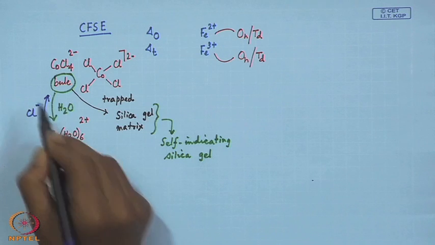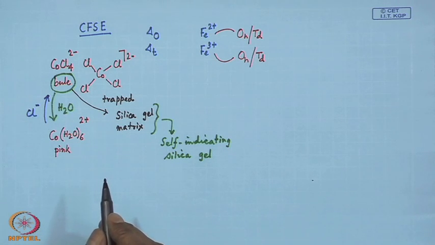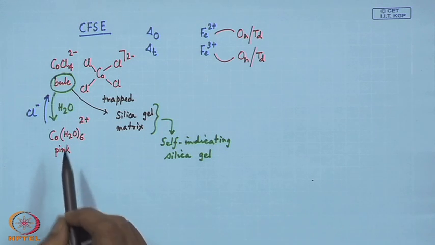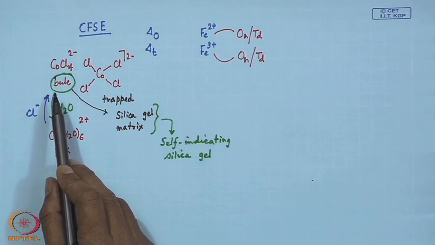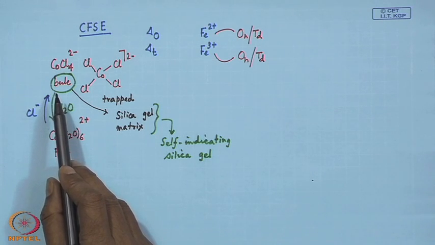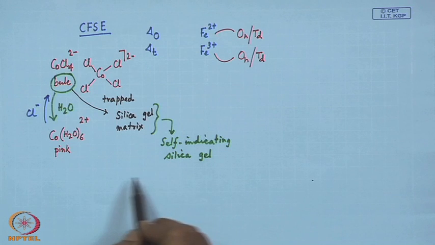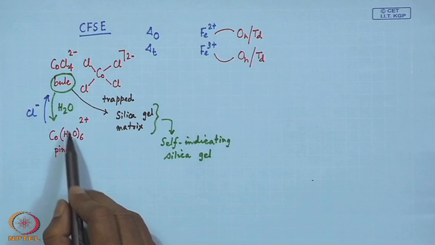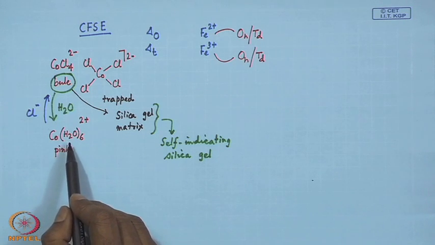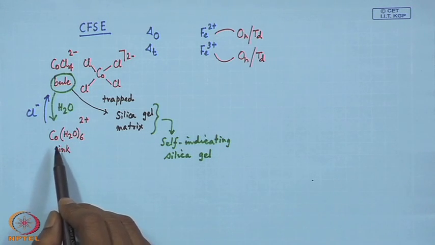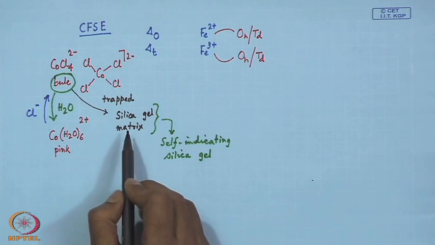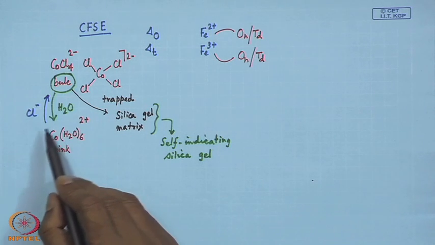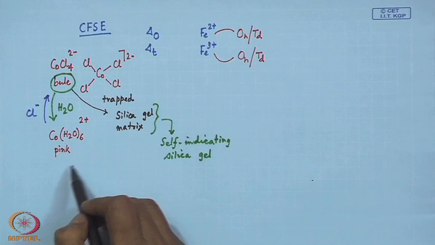we can supply Cl minus from simple hydrochloric acid or any other source of Cl minus, we can revert back to the corresponding condition where we can have the corresponding CoCl4 2 minus species. But in case of silica gel, when moisture is going, it is simply replacing the corresponding cobalt coordination sites or the ligand environment around cobalt, and the Cl minus is going away, but it is not leaving the corresponding silica gel matrix.